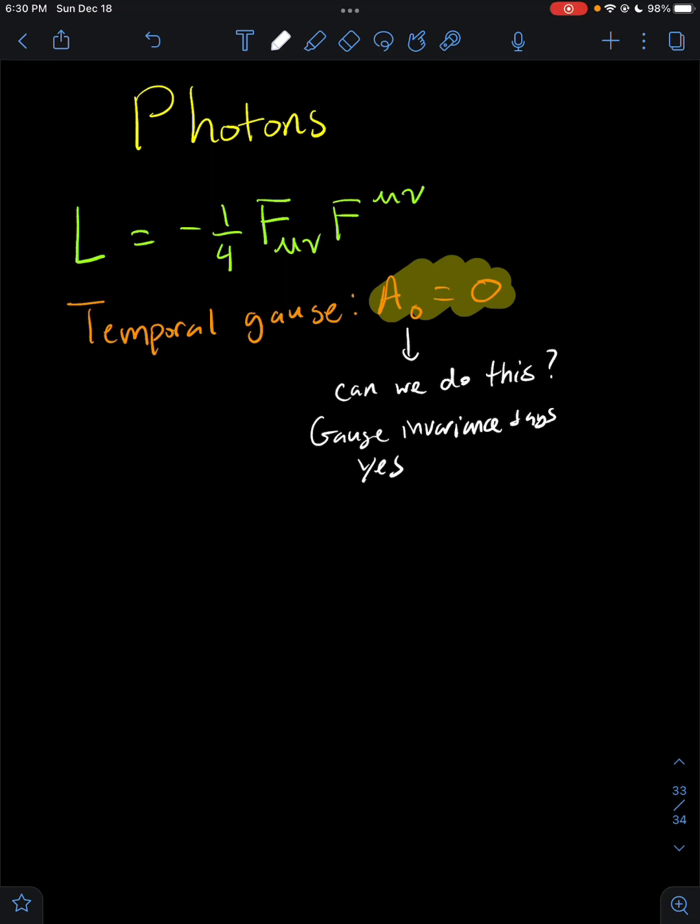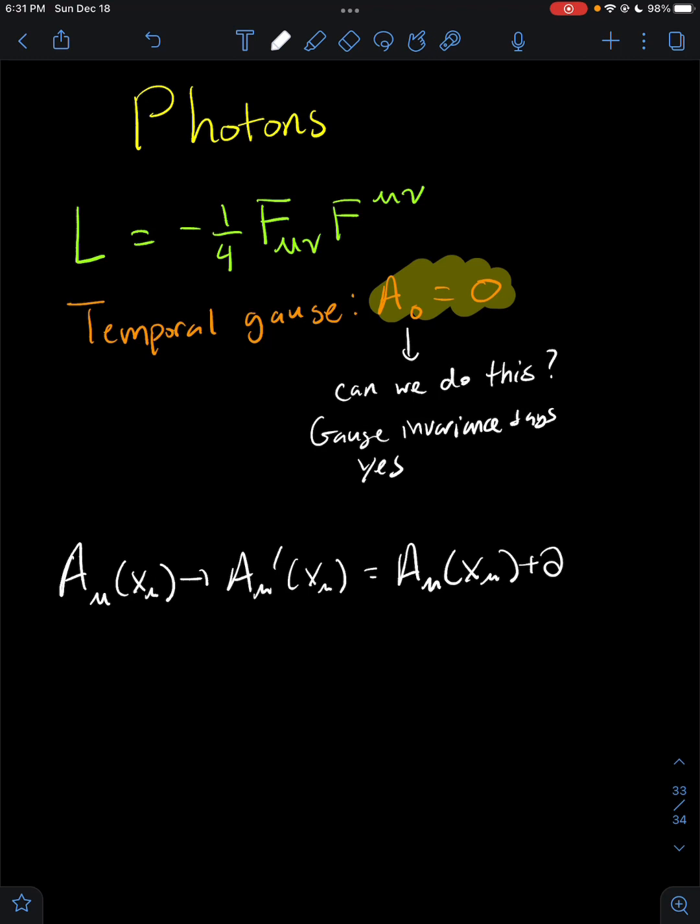Well, yes, because remember that for massless gauge fields, you can substitute A mu for A mu prime, where A mu prime is just the original gauge field plus partial mu f of x^mu.